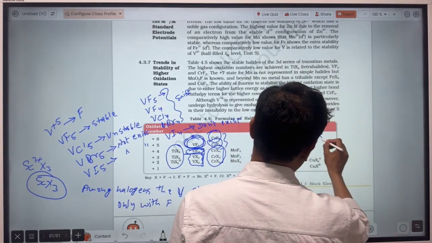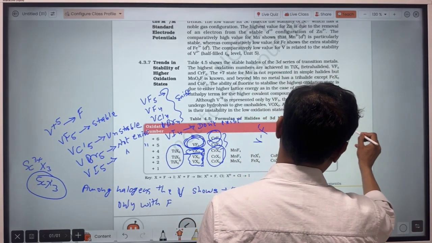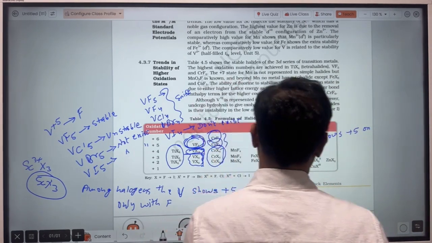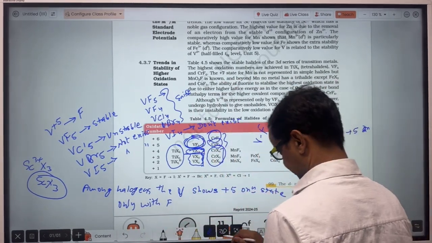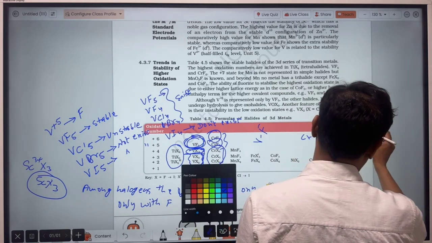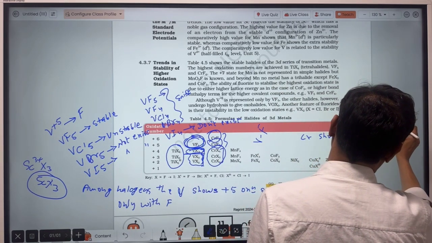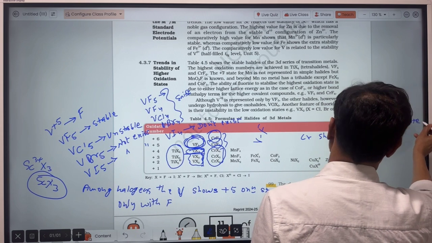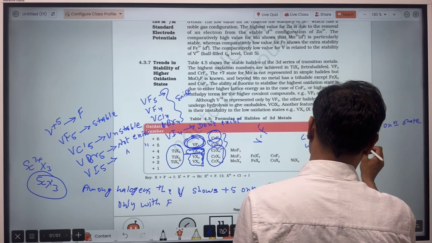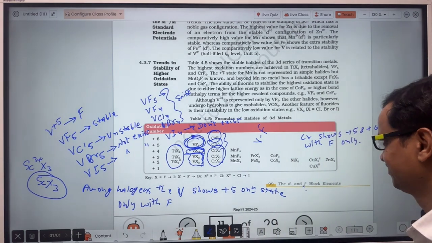That means chromium shows +5 and +6 only with fluorine.